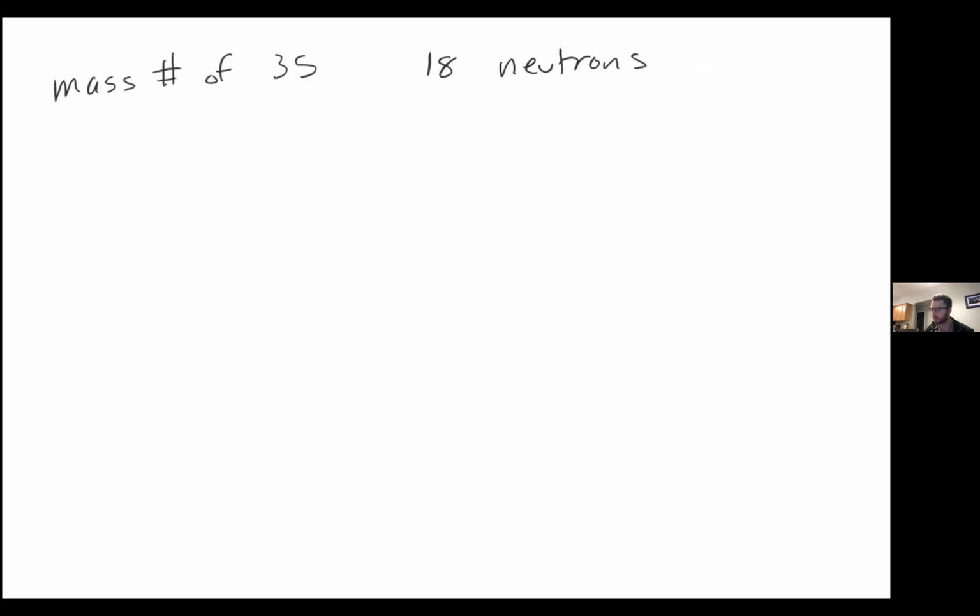So remember, the mass number will tell us protons and neutrons. So if I subtract the neutrons from the mass number, it can tell us how many protons we have. So 35 minus 18 is equal to 17 protons.